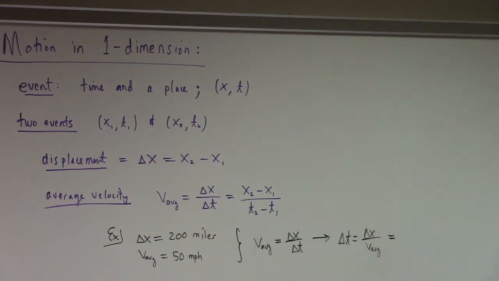Okay, so for my silly example, that would be 200 miles divided by 50 miles per hour, but I'm going to write it in a better way, as a fraction, so you can see how the units work out, right? So the miles cancel. 1 over hours gives me hours. 200 over 50 is just 4, right? So 4 hours, there you go.